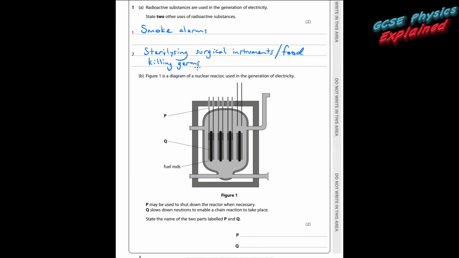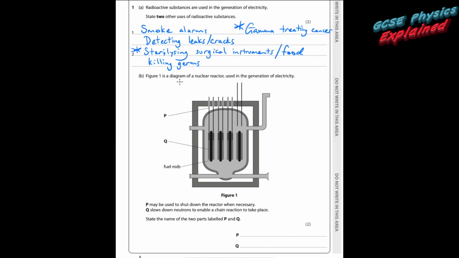We can use it for detecting leaks or cracks in pipes. We can also use gamma for treating cancer. I'd probably go for treating cancer and sterilising surgical instruments.